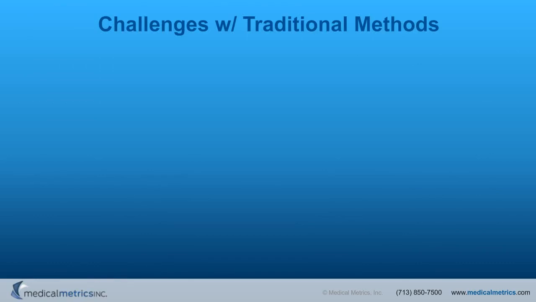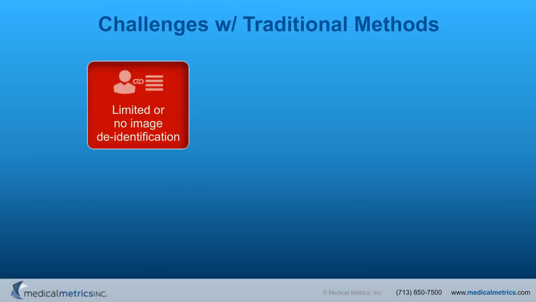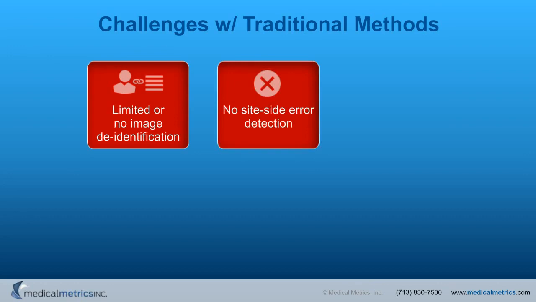There are multiple challenges associated with traditional image transfer methods for core labs. Troy has already done a great job describing them, so I won't spend much time here, but in brief, the key challenges are limited or no image de-identification. Without additional software, there's no way to mask or anonymize the images before putting them on a CD or transferring them via FTP. No site-side error detection.